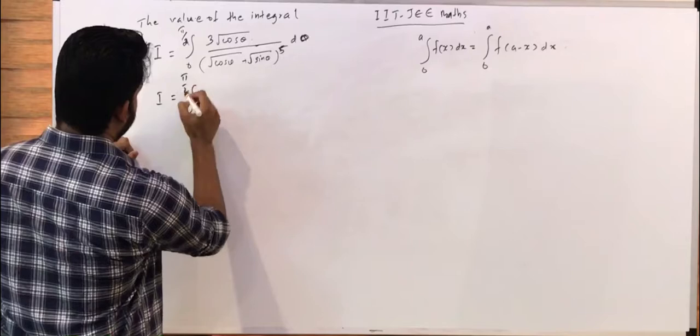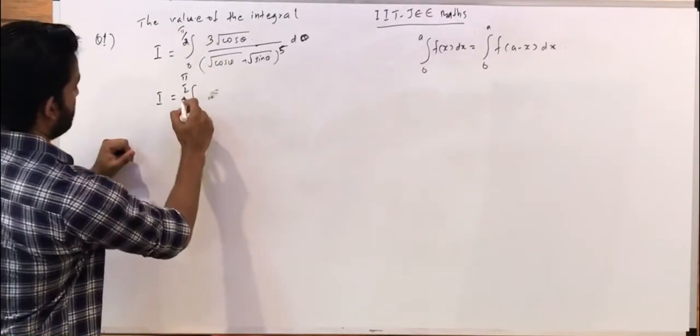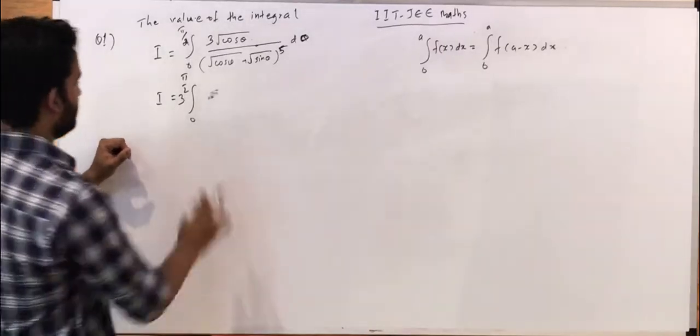integral 0 to pi by 2. This 3 we can take outside since it is a constant.